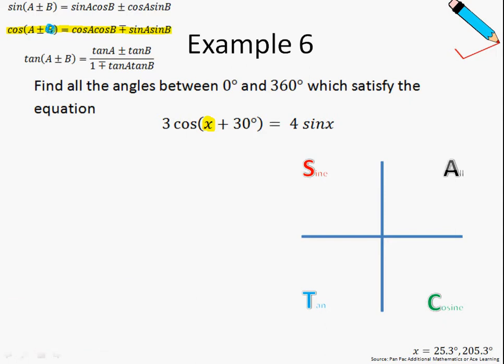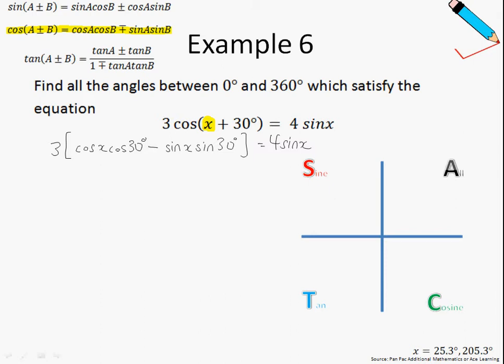Okay, so B is just 30 degrees. Okay, and then the next thing we're going to do is to expand this out. So cosine x cosine 30 minus sine x sine 30 degrees equals 4 sine x.